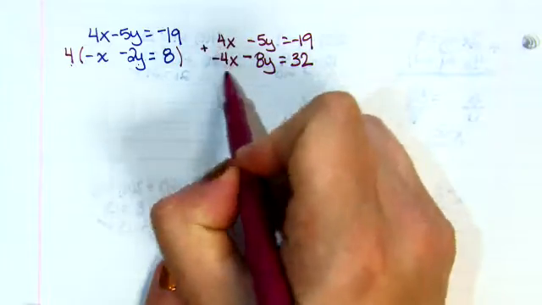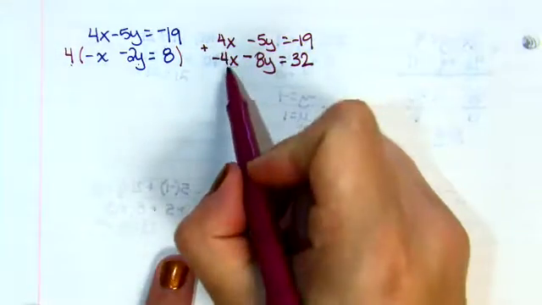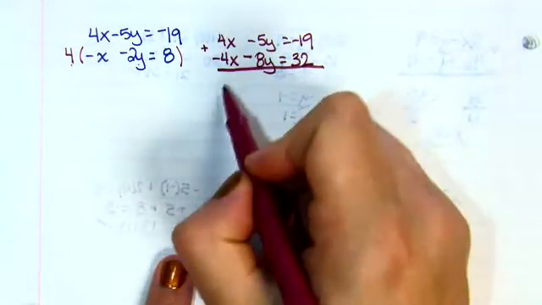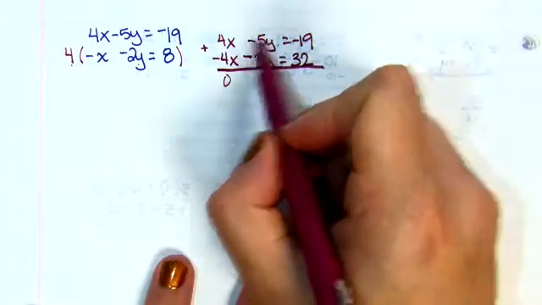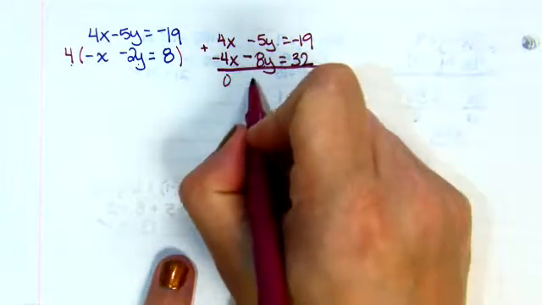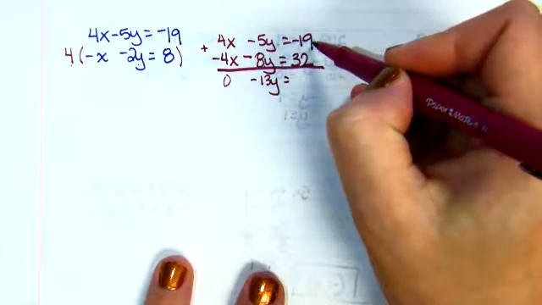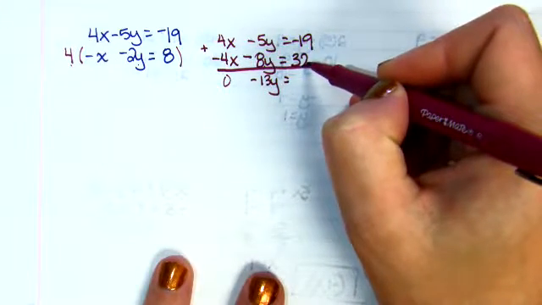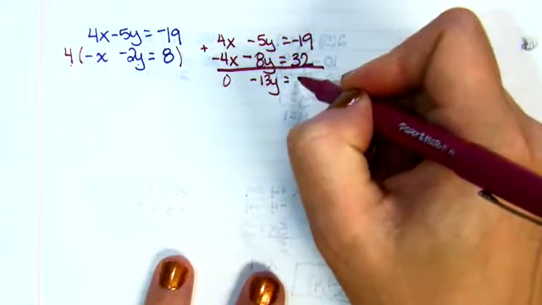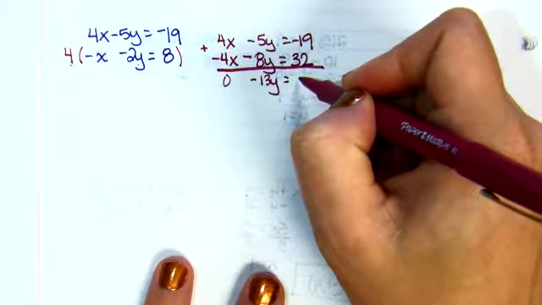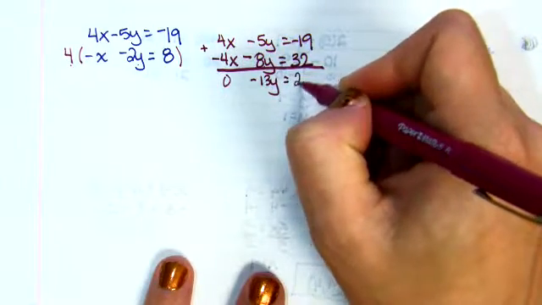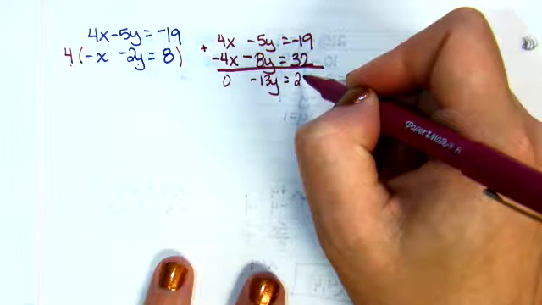So if I add those together, I get 0. So I'm eliminating x's here. I have negative 5y plus a negative 8y. That's negative 13y. And a negative 19 and a positive 32 is going to give me a 23. That's not right.